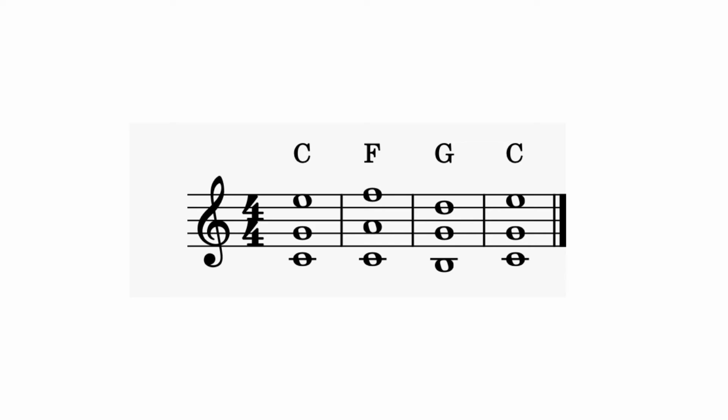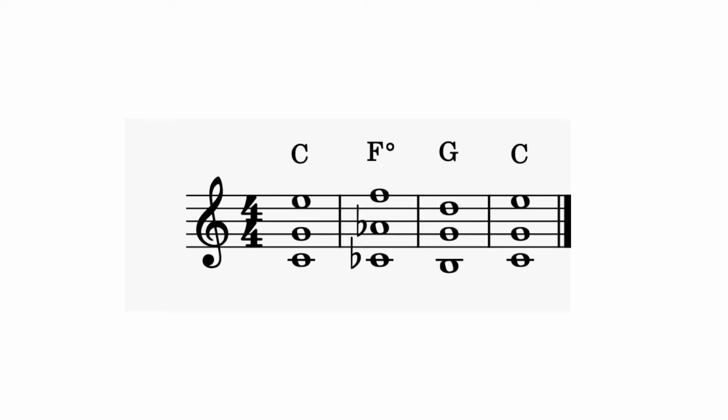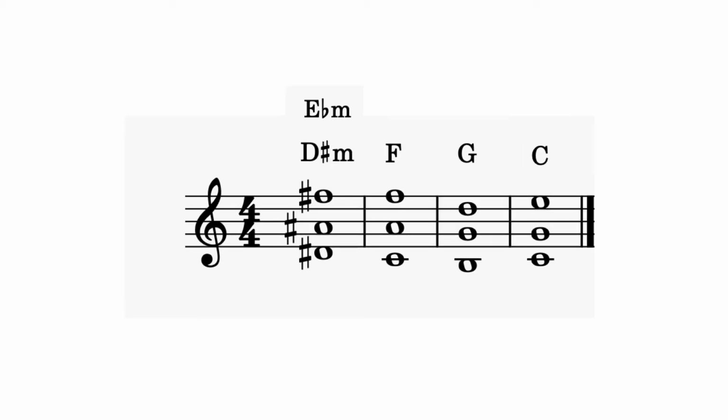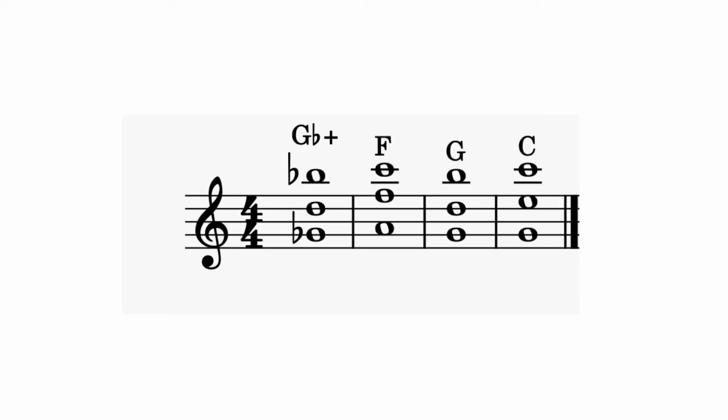Now we can substitute F diminished for the subdominant chord. Or D sharp minor, or enharmonically E flat minor for the tonic. Or G flat augmented for the tonic.